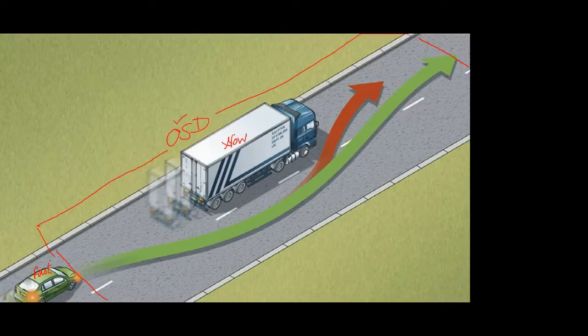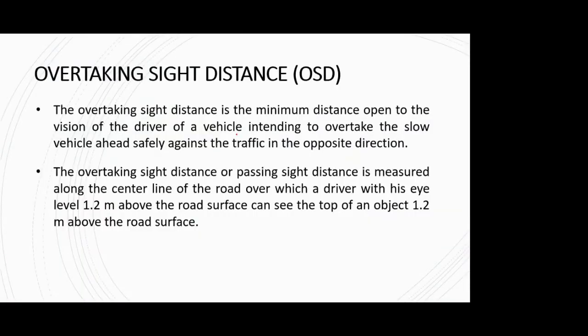This formula is not as complicated as the SSD formula. Even the SSD formula is not complicated, but if you compare the two, the OSD formula is pretty much straightforward and very simple. I have mentioned the theory here, so you can read it.